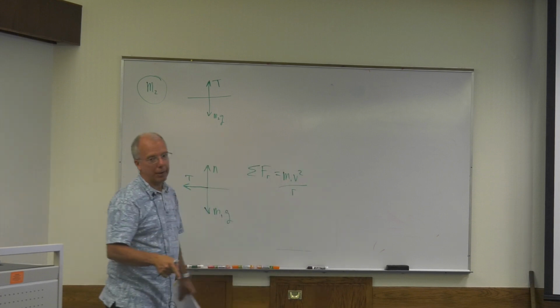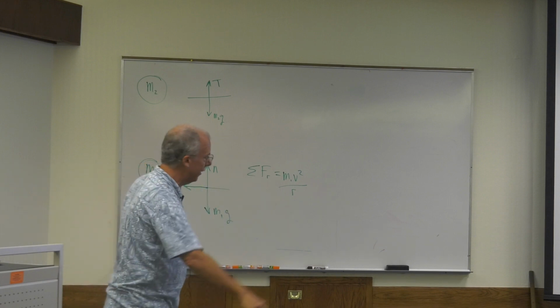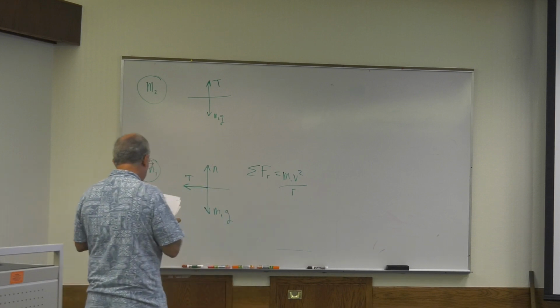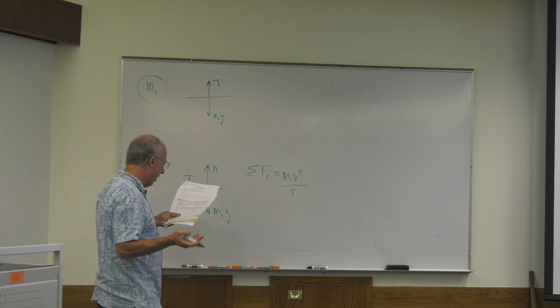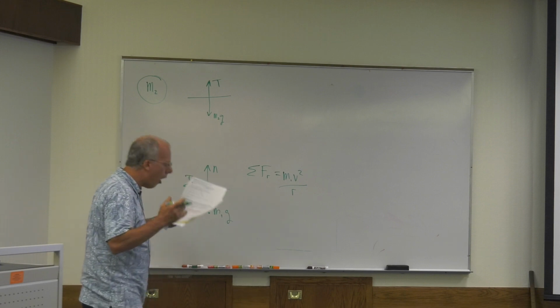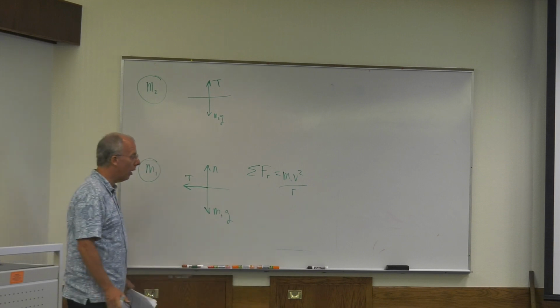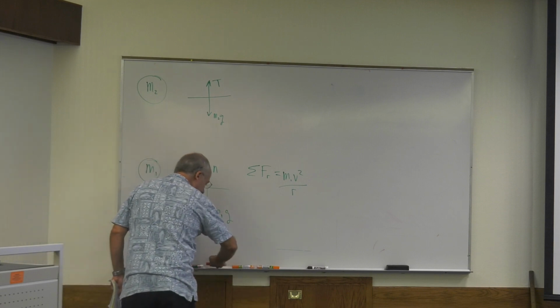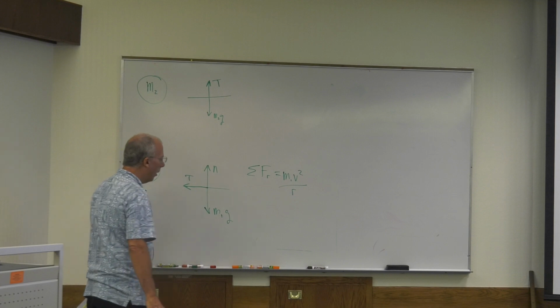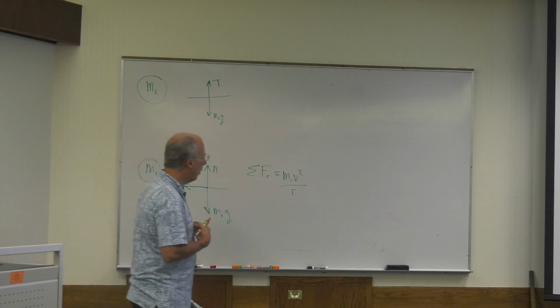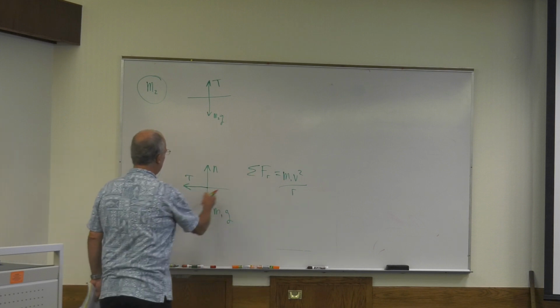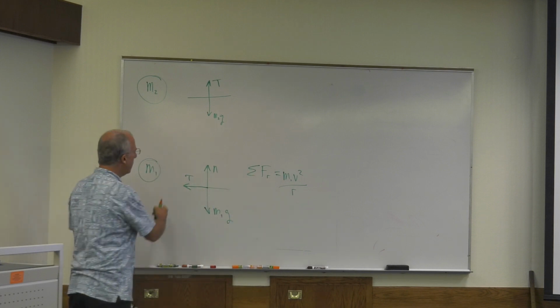You better remember that because we use it a lot. You just write it down, it's always true. But we have to identify the radial forces. So how many radial forces are acting on M1? Just one. And what is it? Tension.